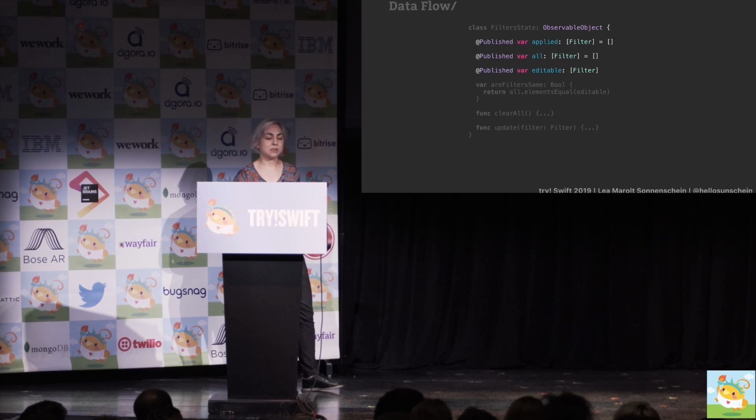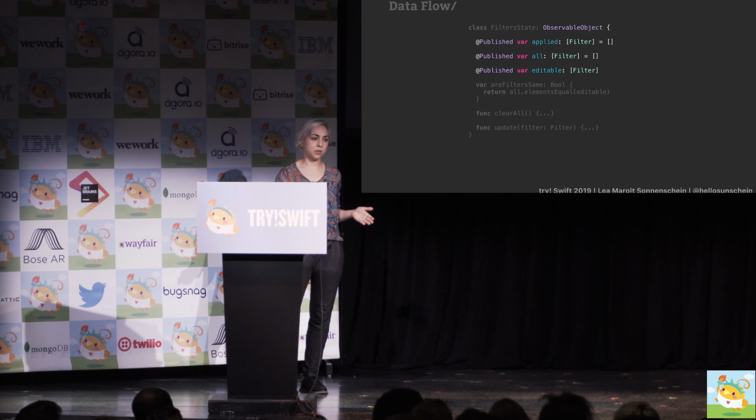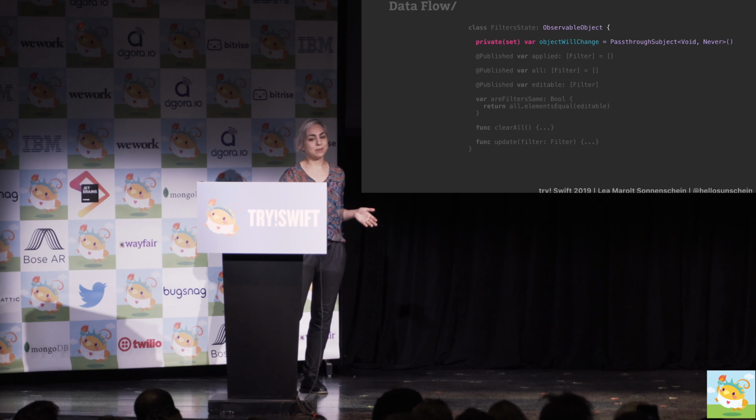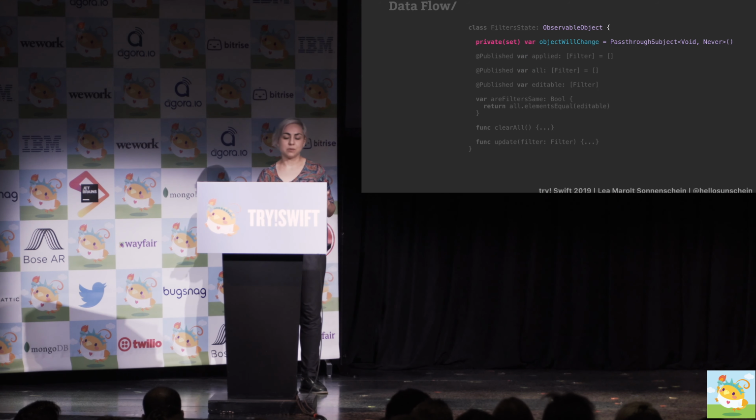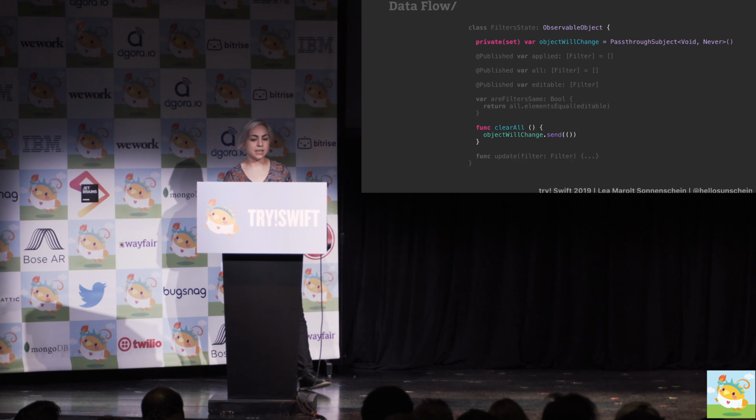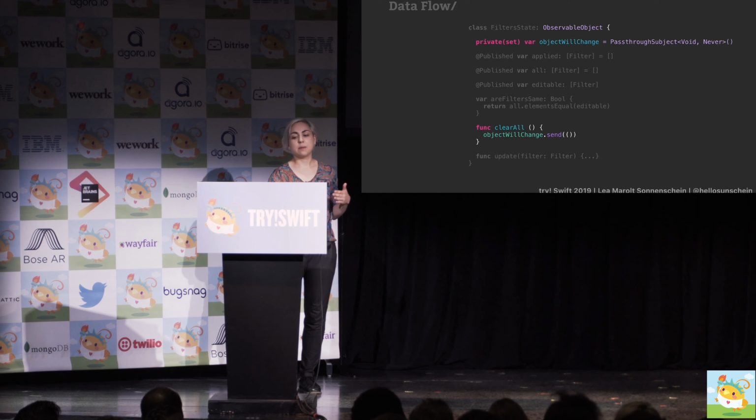This makes it so that anytime the properties are about to change, a signal will trigger. If we want to manually control when the change signal gets sent, we can instead create a PassthroughSubject property and emit the signal whenever we want by calling send. That's pretty cool.